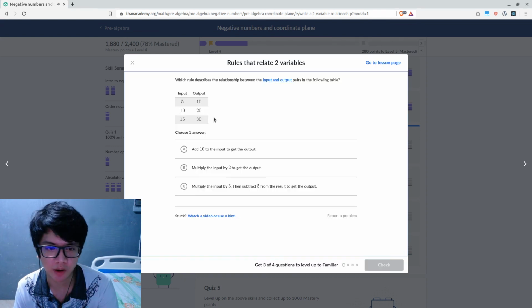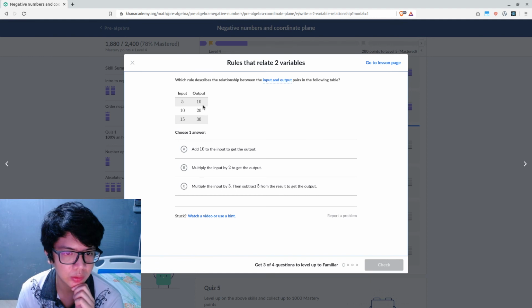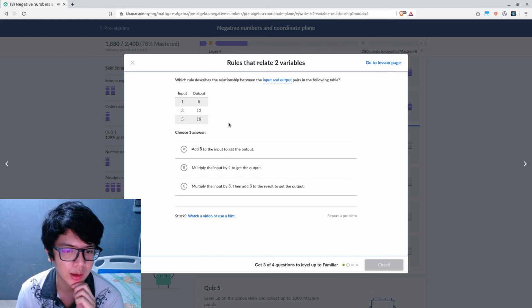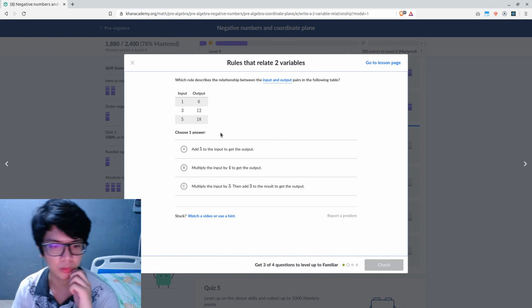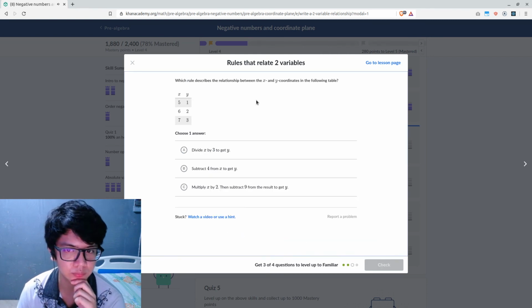The rules that relate to variables. Okay. Add 10 to the input to get the output. No? Yeah. Add 5 to the input to get the output. No. Multiply the input by 4. No. By 3. And add 3. Yeah. Divide x by 3 to get 1.